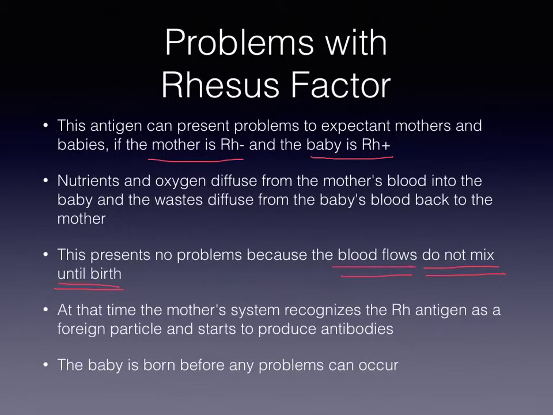At that time, the mother's system recognizes the Rh antigen as a foreign particle and starts to produce antibodies. The baby is born before any problems can occur. So this is baby 1.